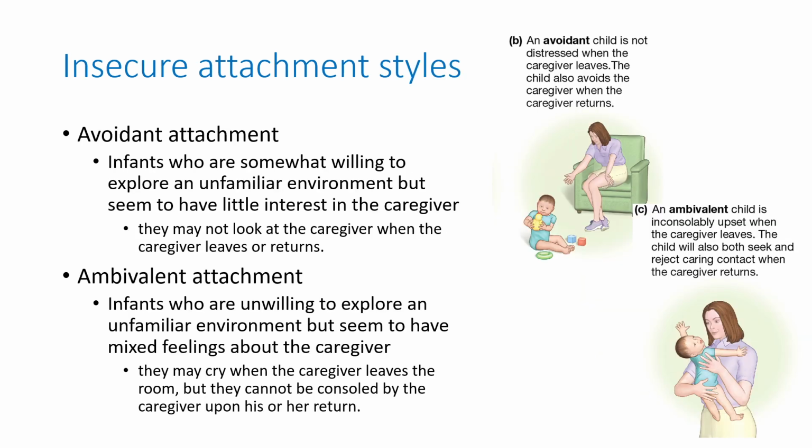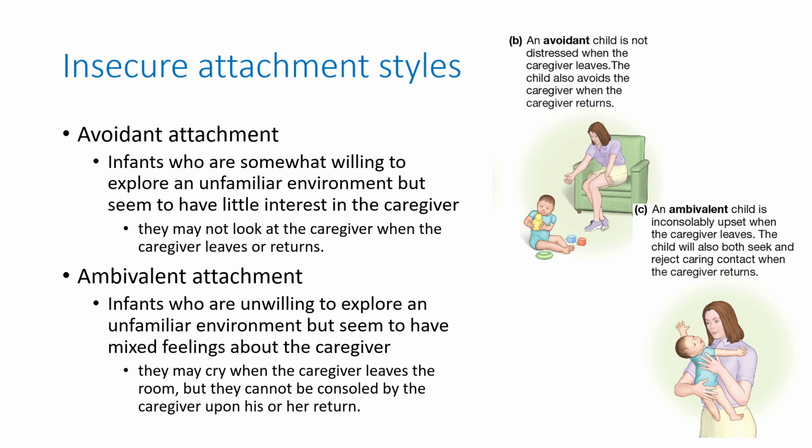Other types of attachment style showed an insecure attachment. One example of this was the avoidant attachment style. This is where the child is not distressed when the caregiver leaves.